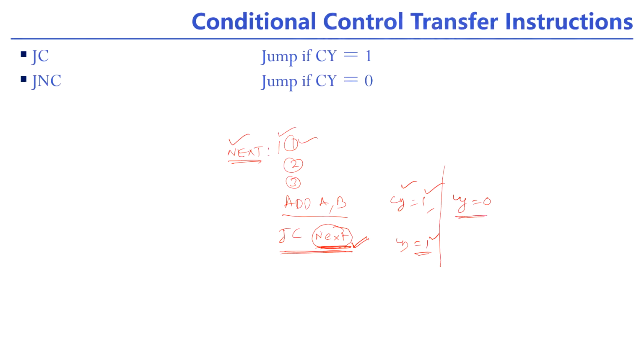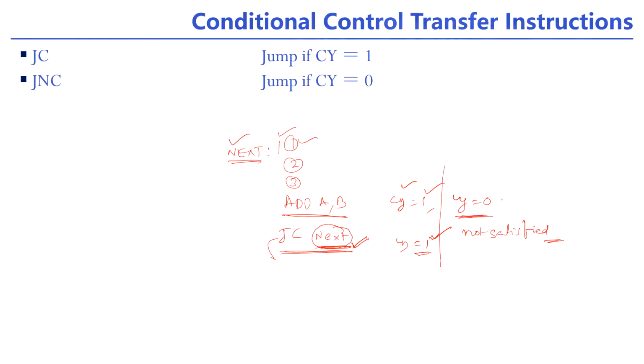Now after this addition, the carry is equal to 0, but the instruction is checking whether carry is equal to 1. So here the condition is not satisfied. Once the condition is not satisfied, the instruction does not jump to this location.